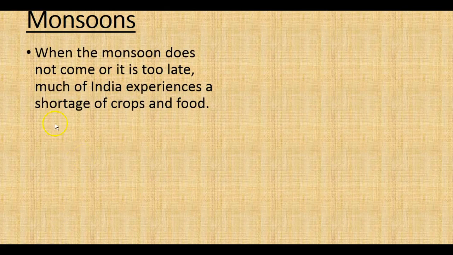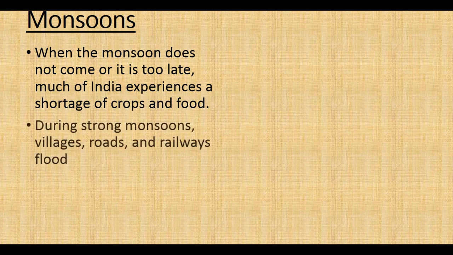More about monsoons. When the monsoon does not come or it is too late, much of India experiences a shortage of crops and food. This is not good, and this is how they depend on being able to grow things like corn and rice.